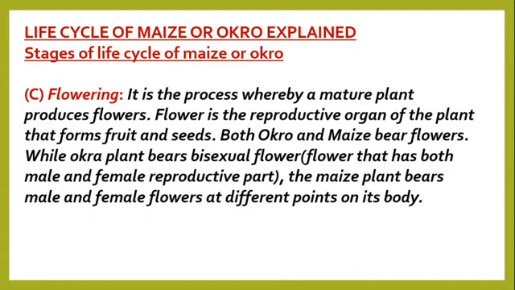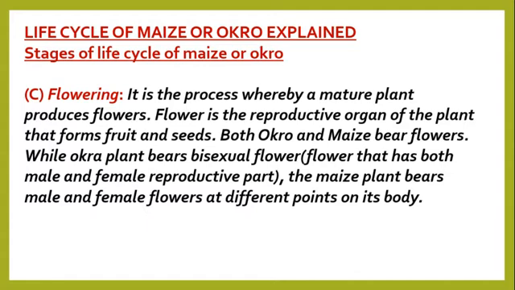Now, while the okra plant bears bisexual flowers, that is, flowers that have both male and female reproductive parts, the maize plant bears male and female flowers at different points on its body. So that is quite a difference between the okra plant and the maize plant.